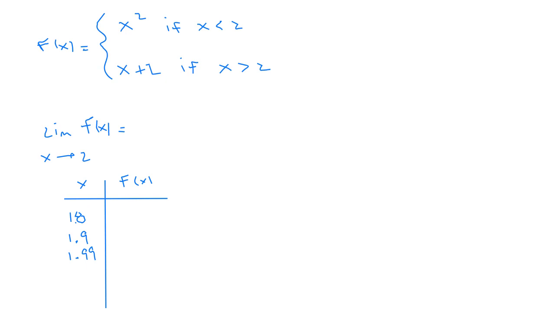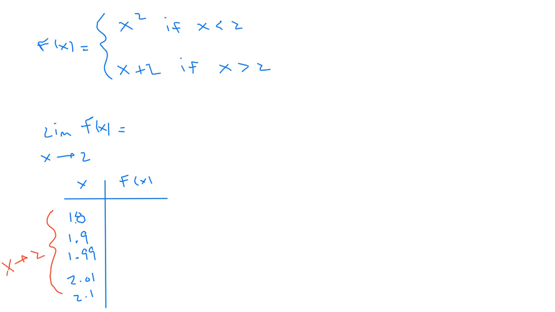Now, what about from the other side? Maybe like 2.01, 2.1, or something like that. Okay? Could you use slightly different numbers? Yeah, you can use 2.02 and 2.2, but the idea is that right there, this or something like this is what x going to 2 looks like.